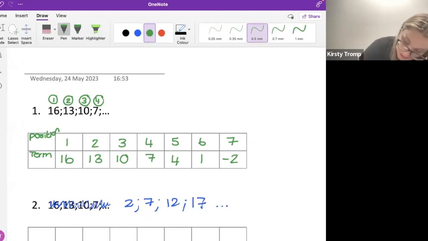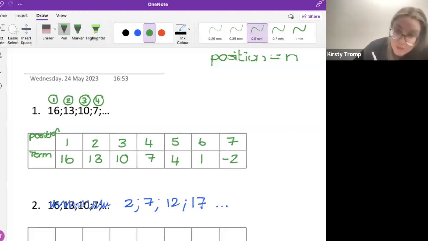When we're talking about position, instead of saying position, what you'll often see is the letter N. Can you see it was really hard for me to fit the word position in there, so they use the letter N. And instead of seeing the word term, they often use T, N. So instead of the word term, they say T.